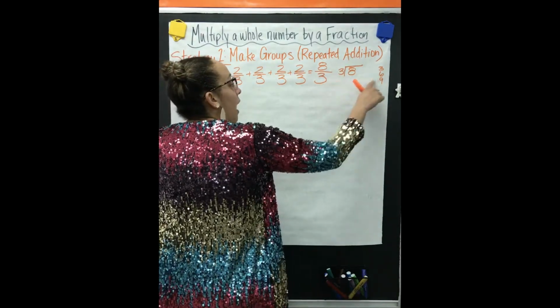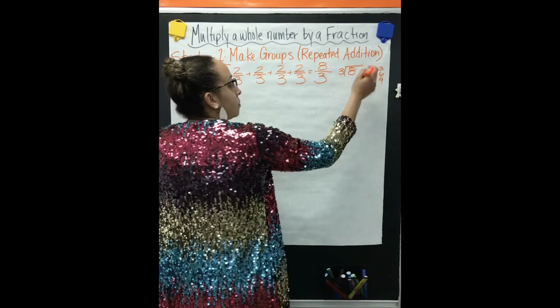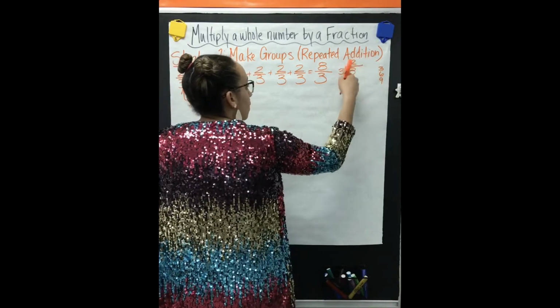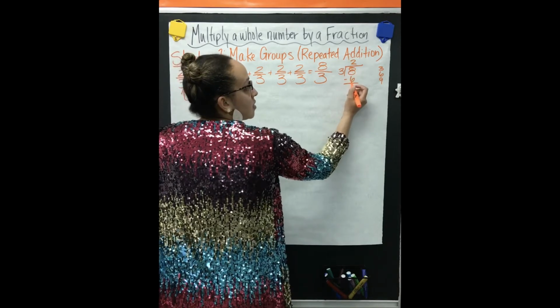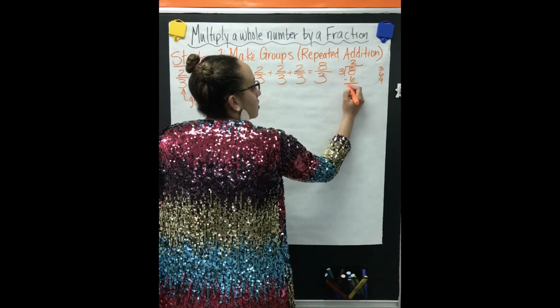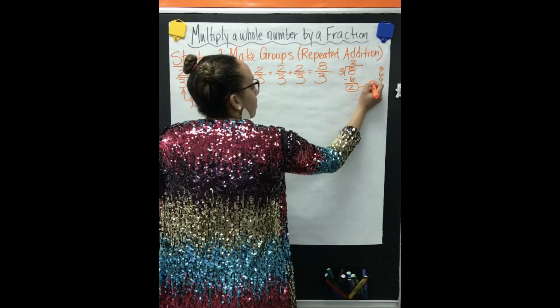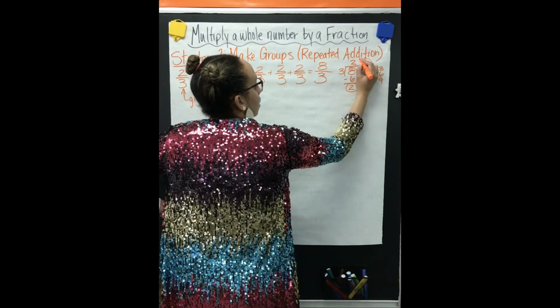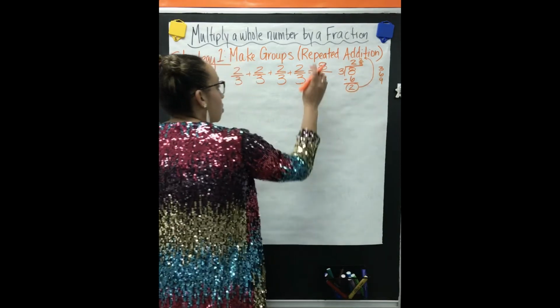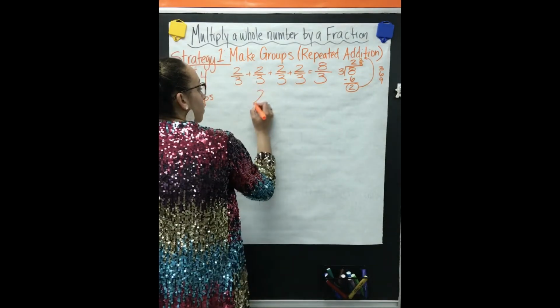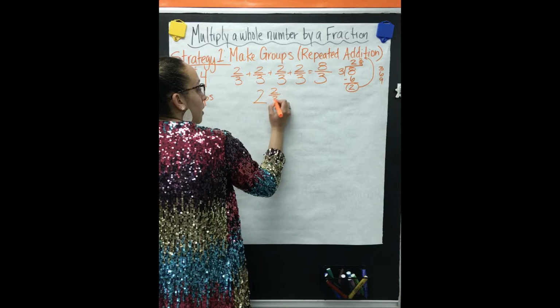So 3 can go into 8 how many times without going over? Twice, because 2 times 3 is 6. We're going to subtract. 8 minus 6 is 2. This is our remainder. It becomes our numerator, and our 3 becomes our denominator. So 8/3 is equivalent to 2 and 2/3.